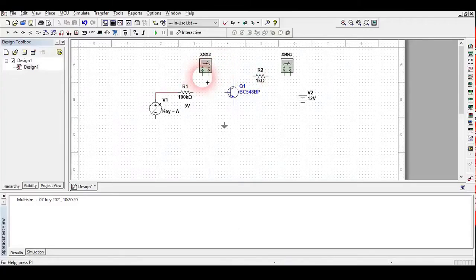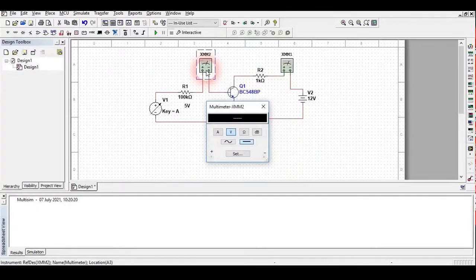So here I am going to connect this one, and this thing I'm going to connect here. This emitter I am going to join here. Just look, I have used two ammeters.